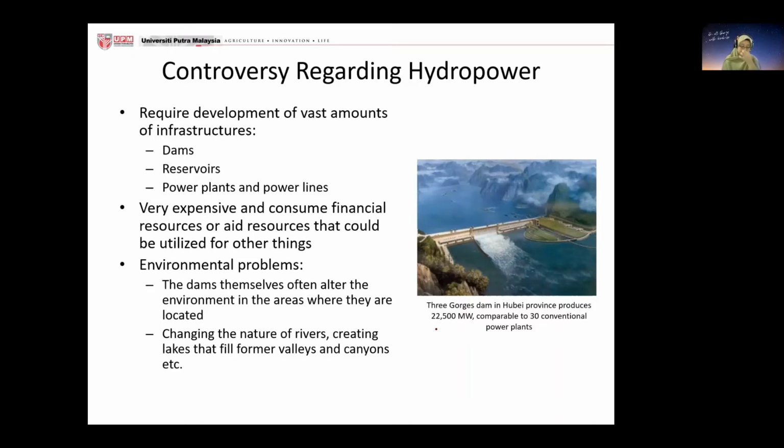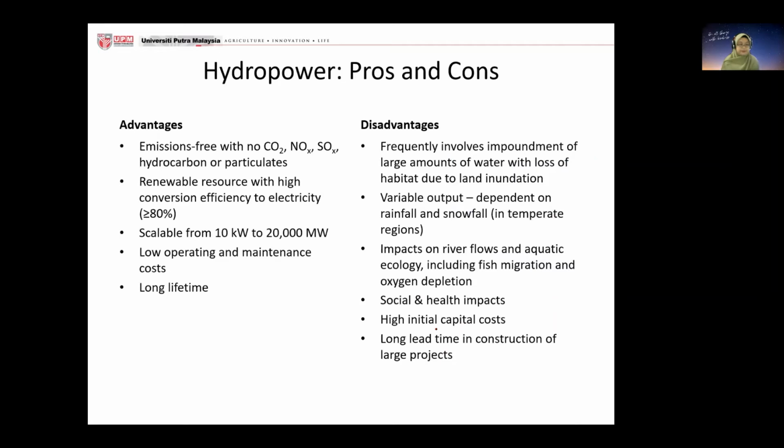So you can imagine how many households you can cover just by having this. But of course, there are disadvantages, so pros and cons. The advantage, of course, is that it's emissions free. There's no carbon dioxide, no NOx, SOx, no hydrocarbons, no particulates. Compared to conventional power plants using coal or other petroleum resources, it's definitely very clean.